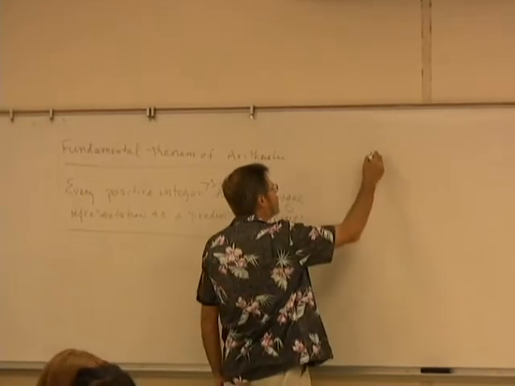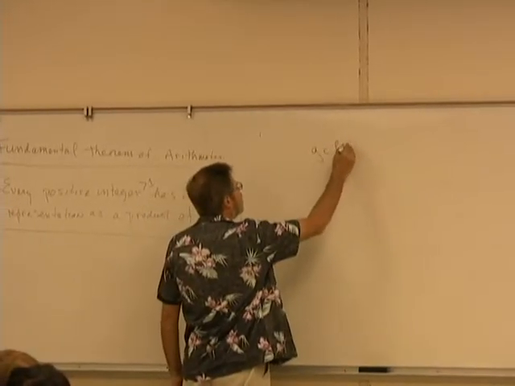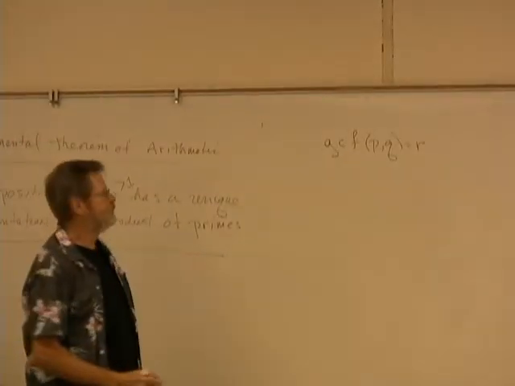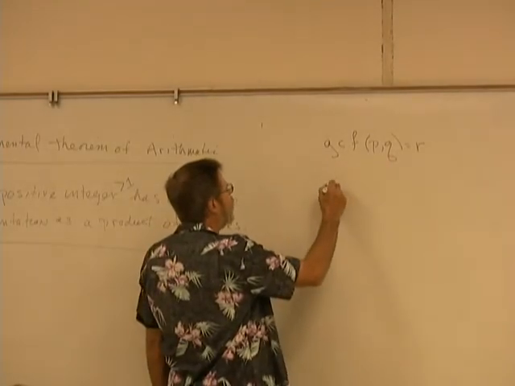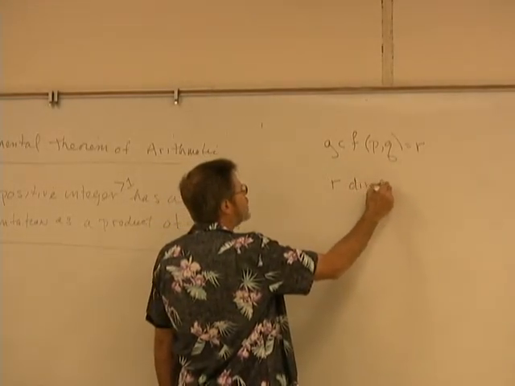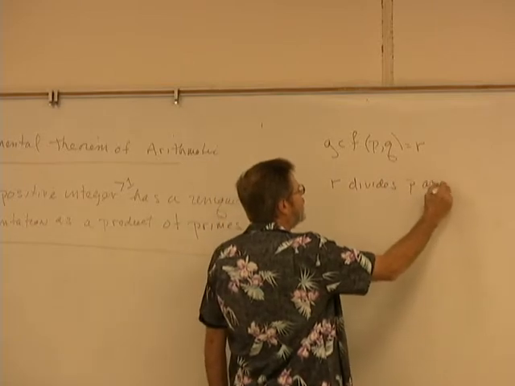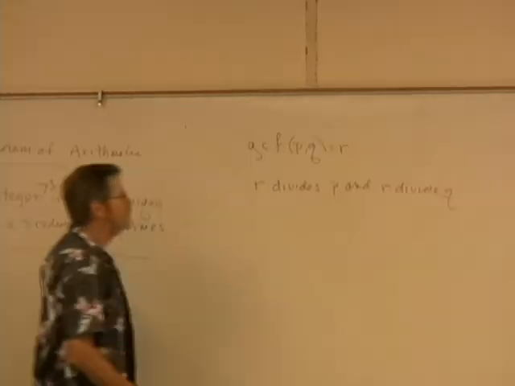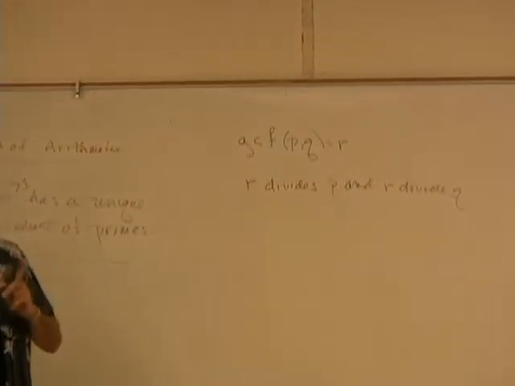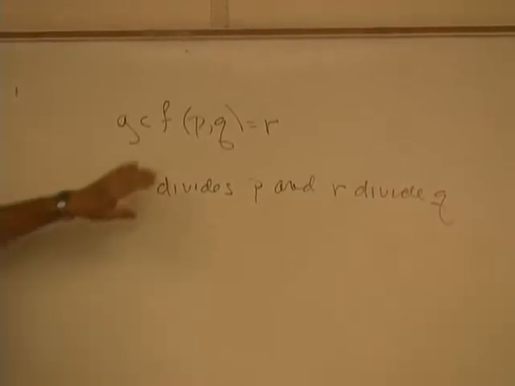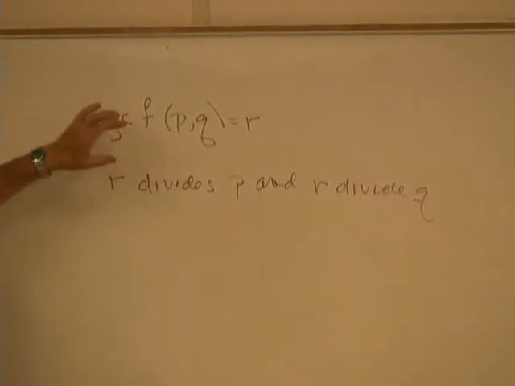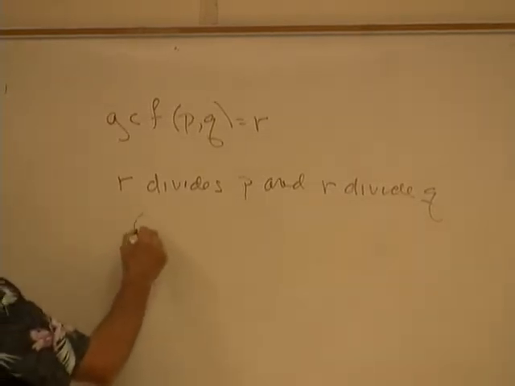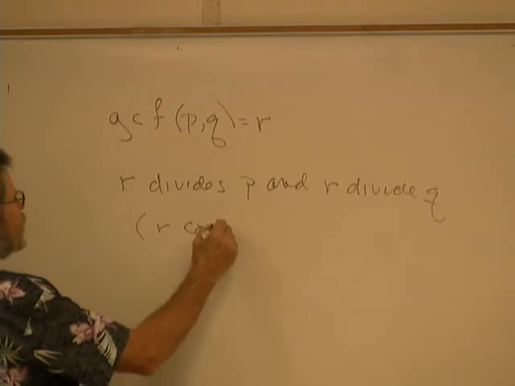The greatest common factor of P and Q is a number R such that R divides P and R divides Q. These two things taken together mean that R is a common factor.